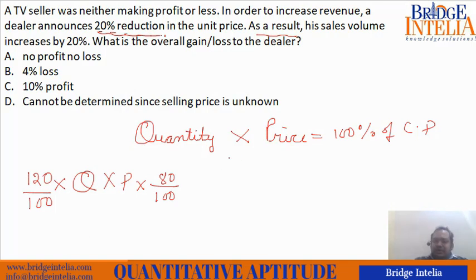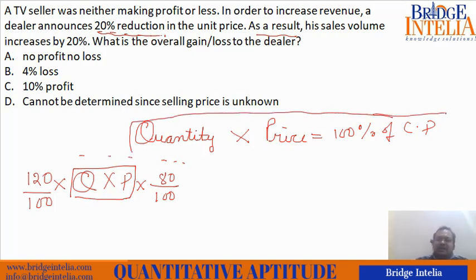Now Q into P is equal to 100% of cost price. So let's see what happened to 100% of cost price. Earlier he was recovering exactly 100% of his cost price. That's why he was neither making profit nor making loss.